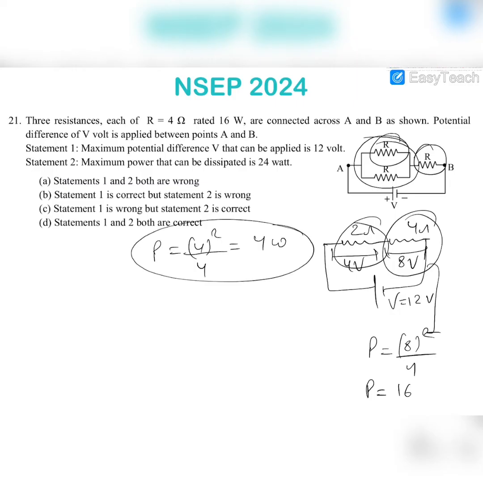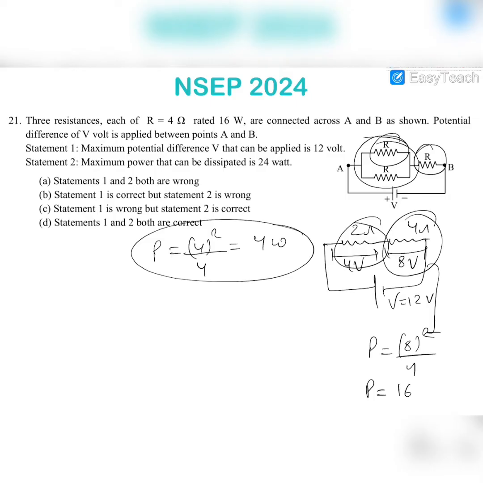So we can see that when we use V as 12 volts, the maximum power has been reached on this resistance. Therefore, we cannot apply a voltage which is greater than 12, because in that case the power across this resistance would exceed 16 watt, which is the maximum rated power. So we can say that the maximum potential difference that can be applied is 12. So statement 1 is correct.